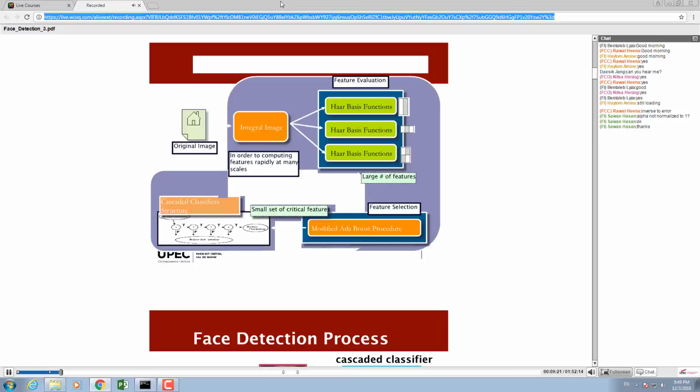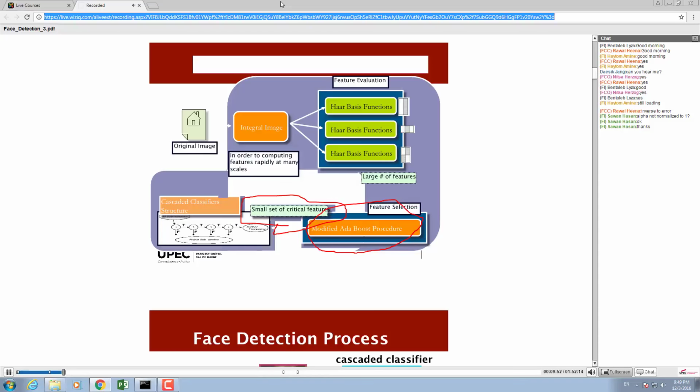This diagram on page 4 of face detection 3 explains the overall flow, right? Once the modified AdaBoost procedure is done, we can select a small set of critical features. Here the small set means 2,000. It's still a big number, but relatively much smaller than 180,000, right?